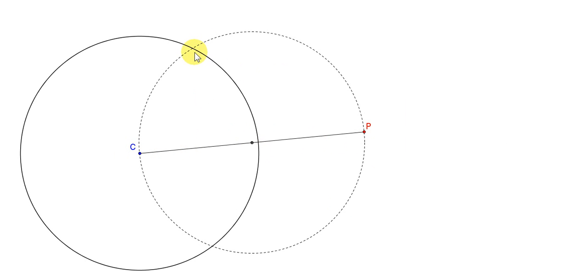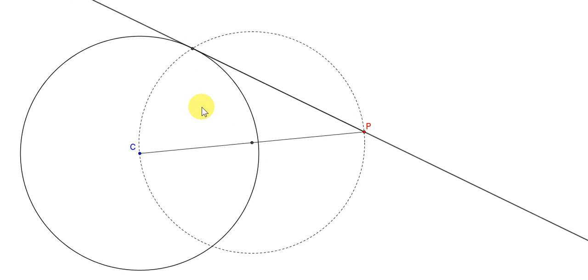We note the point of intersection of these 2 circles. This point here is the point of contact of the tangent from P to this circle. So here's the tangent. And the second tangent has its point of contact at this point here.